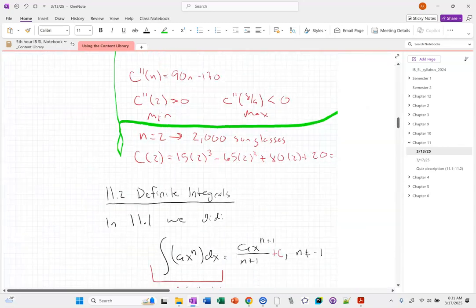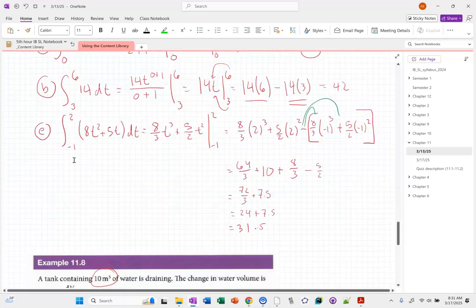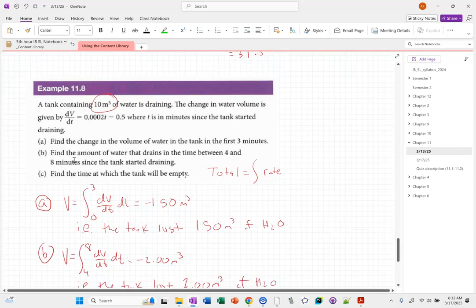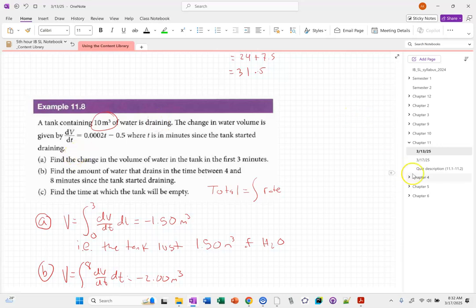Like the water's leaking out of something, or this example 11.5 I think would be relevant, or this example 11.8 would be relevant. That's the kind of rate integration story problem we're talking about.